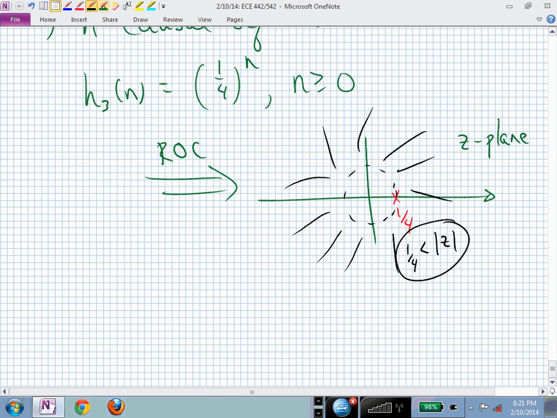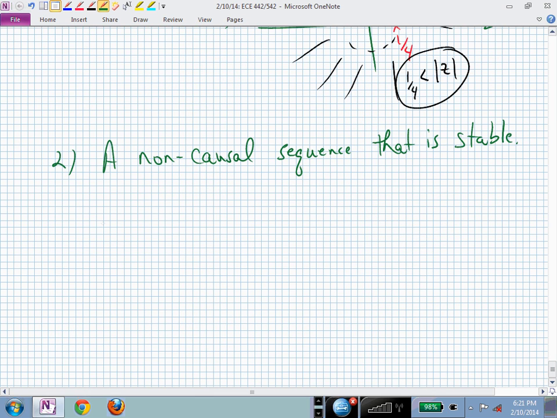And we could also have the other case where we have a non-causal or a negative index sequence that is stable, and the one that I picked, now it needs to be bigger than 1. I just picked 6 for n less than 0.